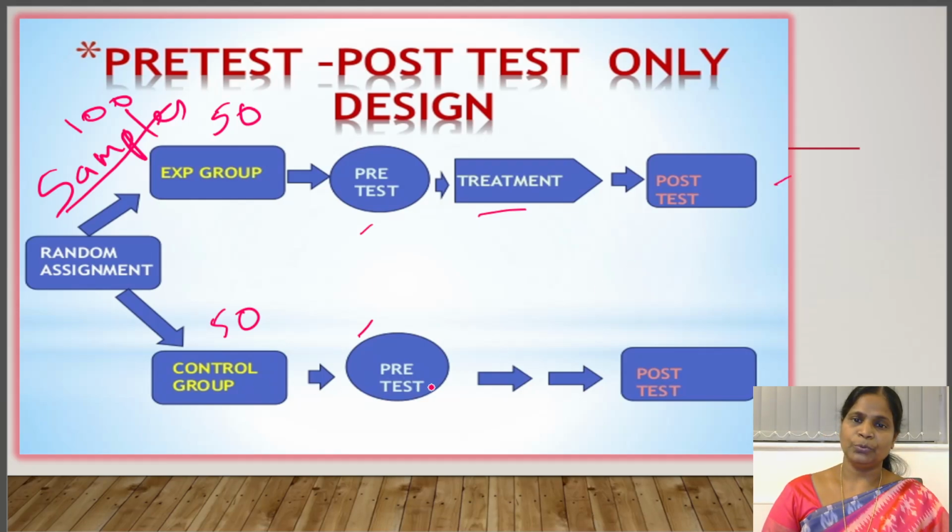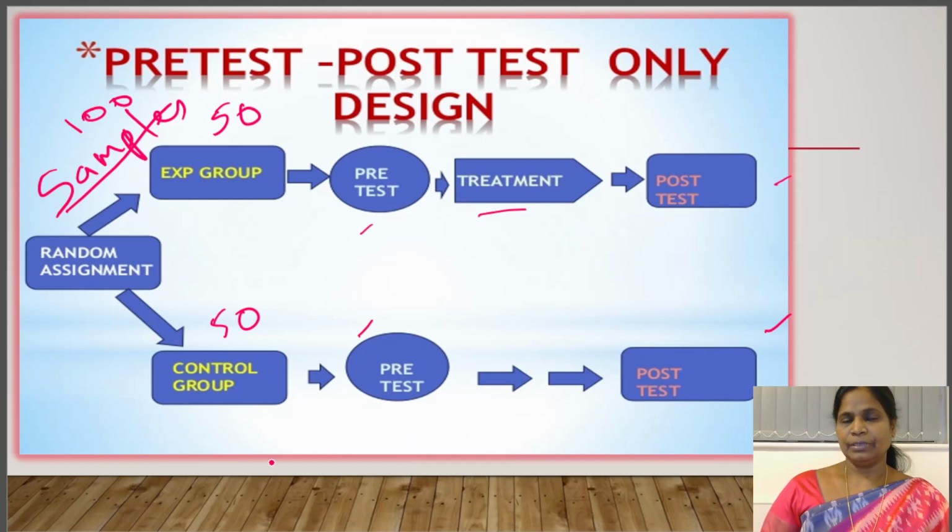The control group, we said, is a reference point. There is no treatment for the control group. It serves as a benchmark to find out what change has occurred, and helps in comparison of the post-test results. So in the control group, the post-test is done without any treatment.